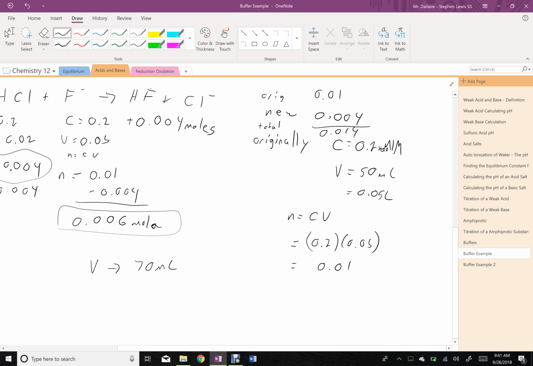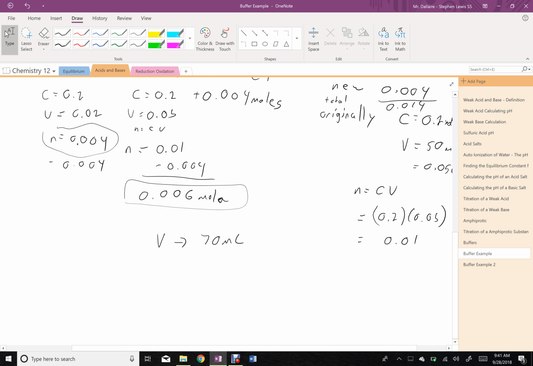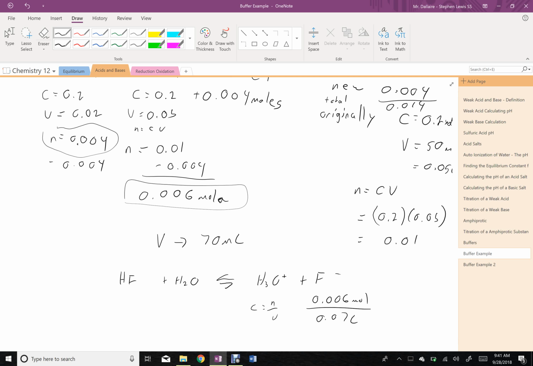So now if I want to consider my equilibrium, HF plus H2O going to H3O+ and F-, I can recognize that for F-, for example, I have 0.006 moles in a volume of 0.07 liters. So I have a concentration in my starting situation of 0.0857.